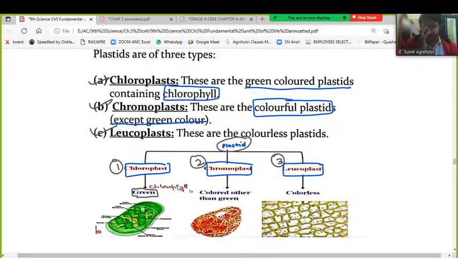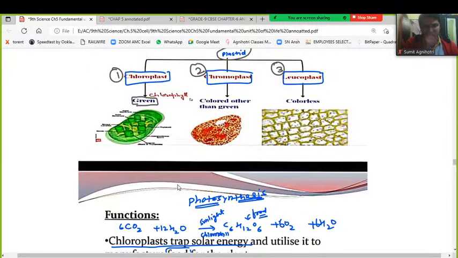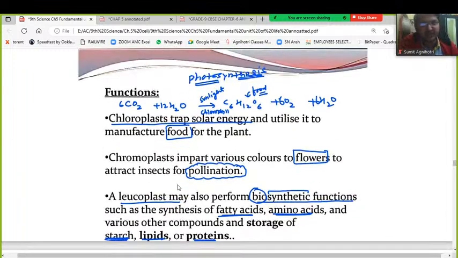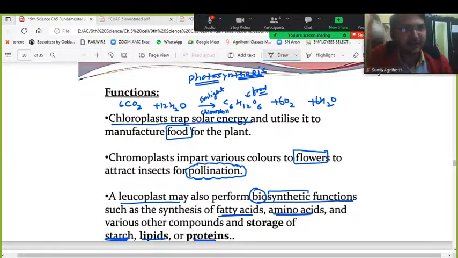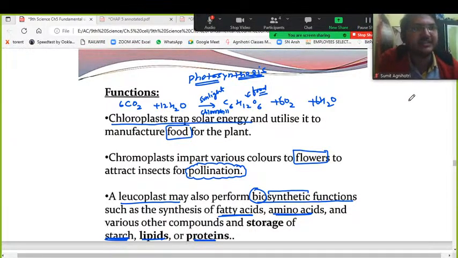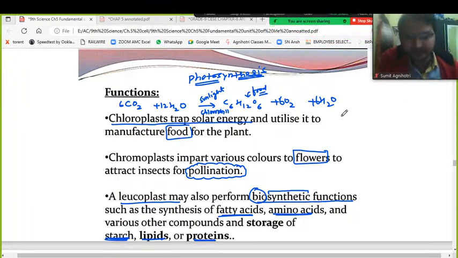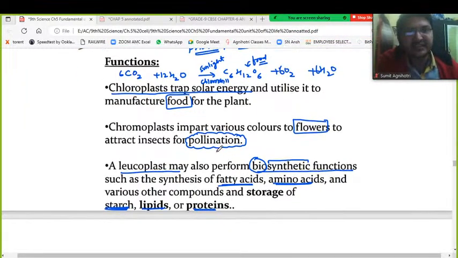These are the differences in these three kinds of plastids. Now the question arises, what are the functions? I have already told you. Chloroplasts trap solar energy and utilize it to manufacture food for the plant. This is the function. Then chromoplasts impart various colors to flowers.